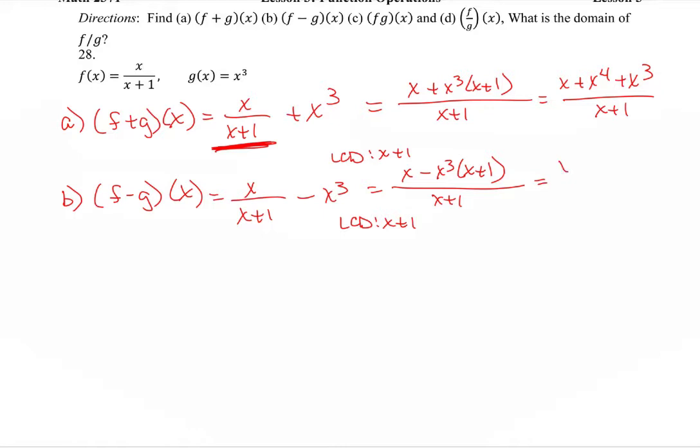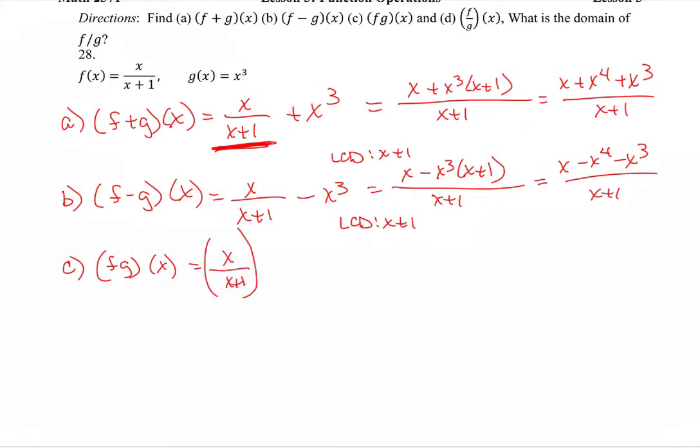So this time we get x minus x to the fourth minus x cubed all over x plus 1. C, we have fg of x, which is x over x plus 1 times x cubed, which gives us x to the fourth over x plus 1, because this is over 1.